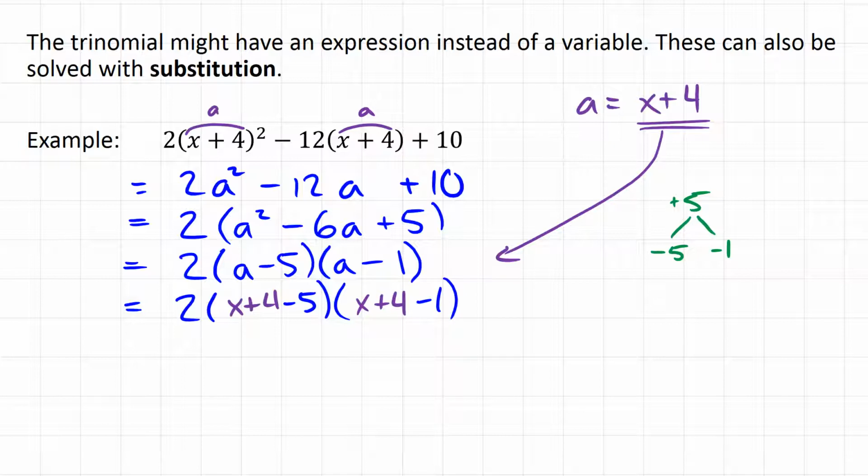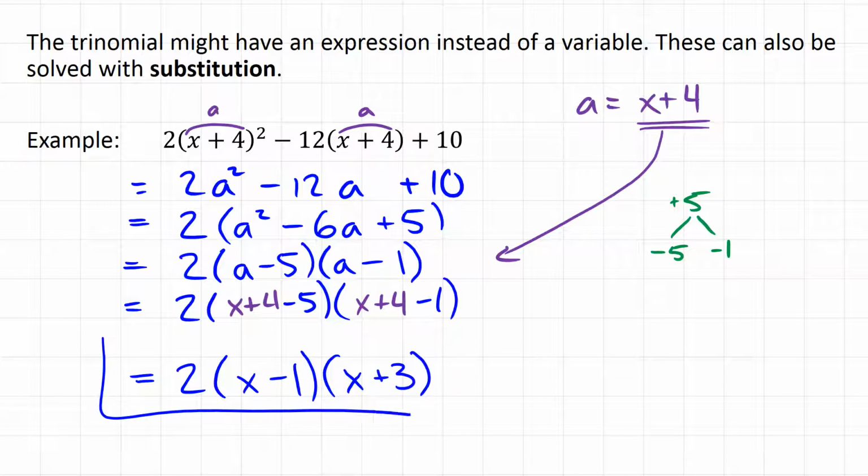But of course, if I can simplify, I should simplify. So that's 2 times x minus 1, since plus 4 minus 5 is minus 1, and plus 4 minus 1 is plus 3, so x plus 3. And so I took this expression that looked a little bit different, but I was able to factor it into something actually pretty simple.